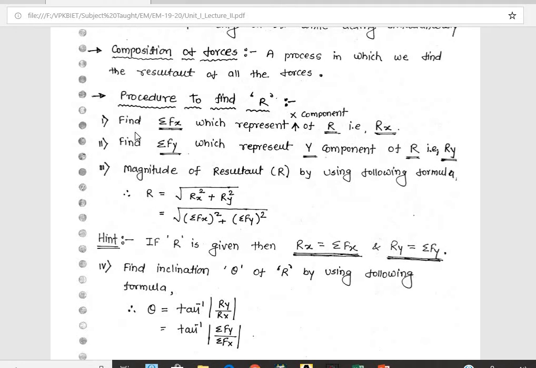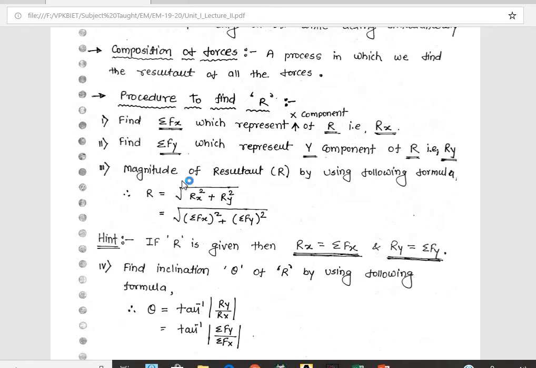In the first step, we have to find summation Fx, which represents the summation of all horizontal forces in the x direction, also called Rx. Similarly, in step number 2, find summation Fy, the summation of all vertical forces in the y direction, that is Ry.